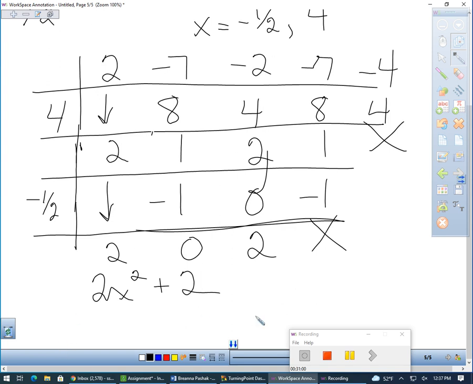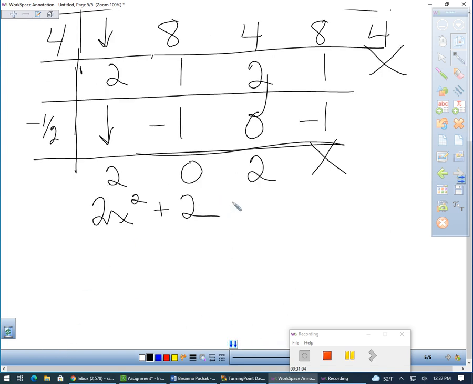How do you guys want to solve for our final 2? Set it equal to 0, okay? So we subtract 2 to the other side. We have 2x squared equals negative 2. Divide both sides by 2. We get x squared equals negative 1. So what does x equal? What is the square root of 1? 1.